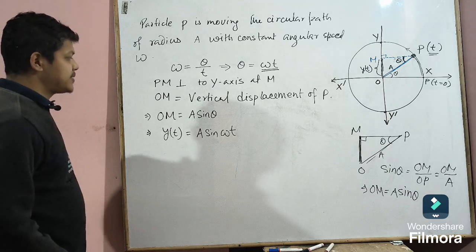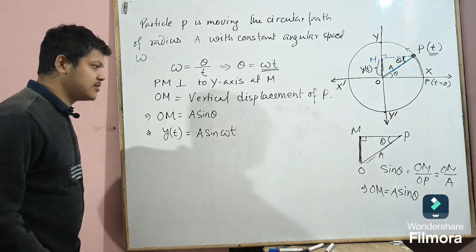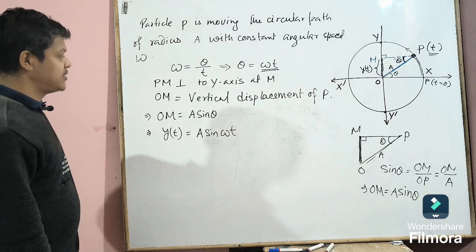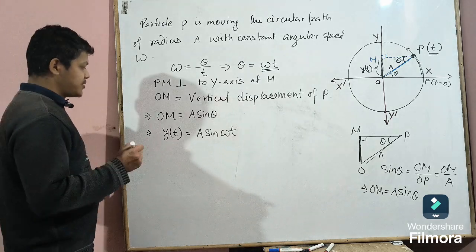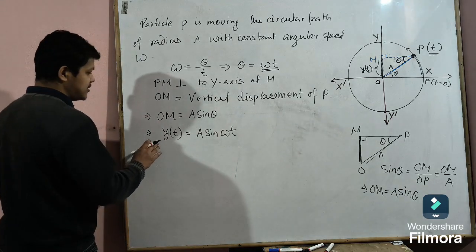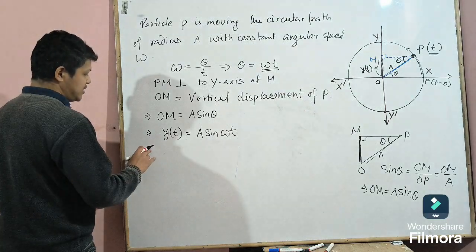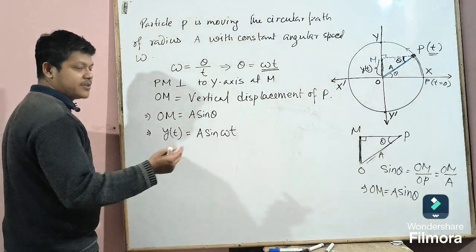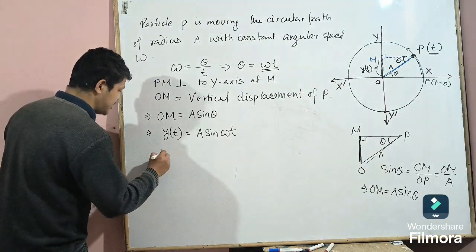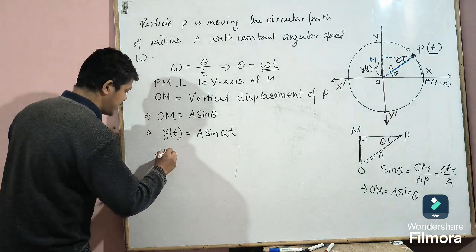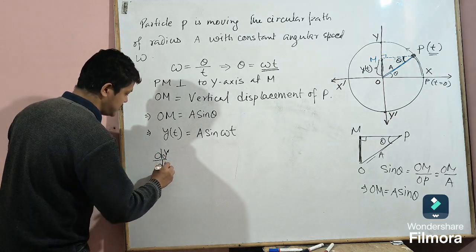Now you see, let us find velocity. We know that the time derivative of displacement gives the velocity, right? So let me write dy by dt.